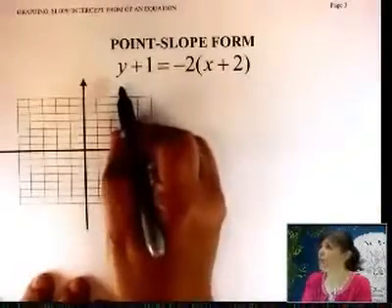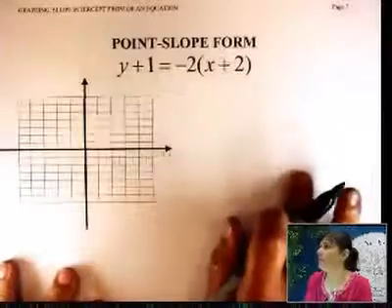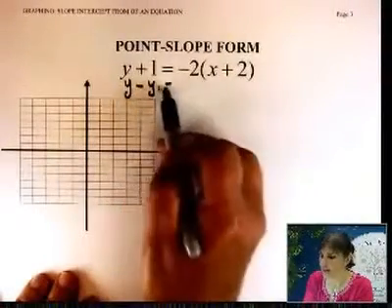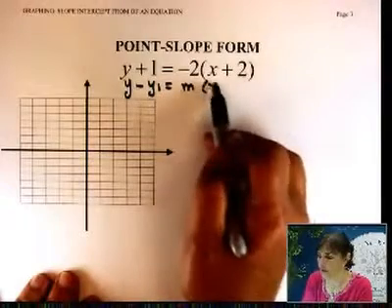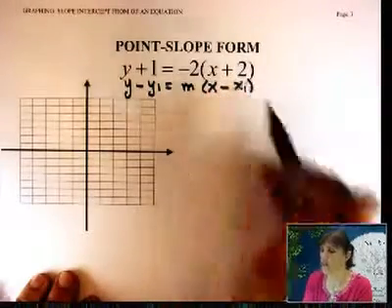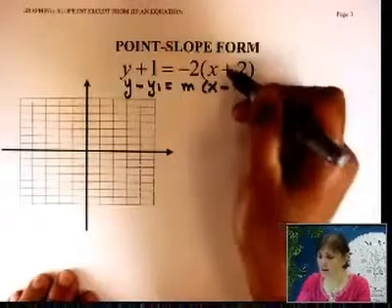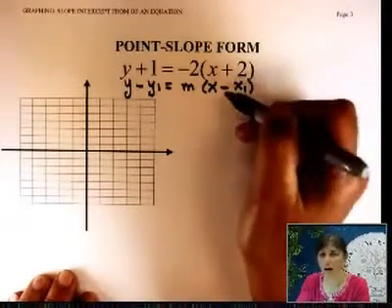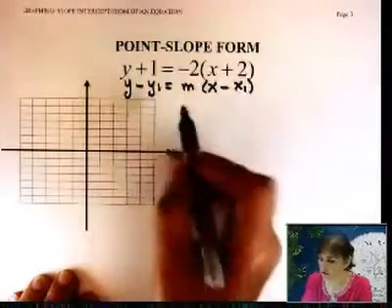Okay, let's line up the formula. y minus y1 equals m times x minus x1. This one is a little tricky because this one has a positive, this one has a negative. I will do a little trick. Watch.